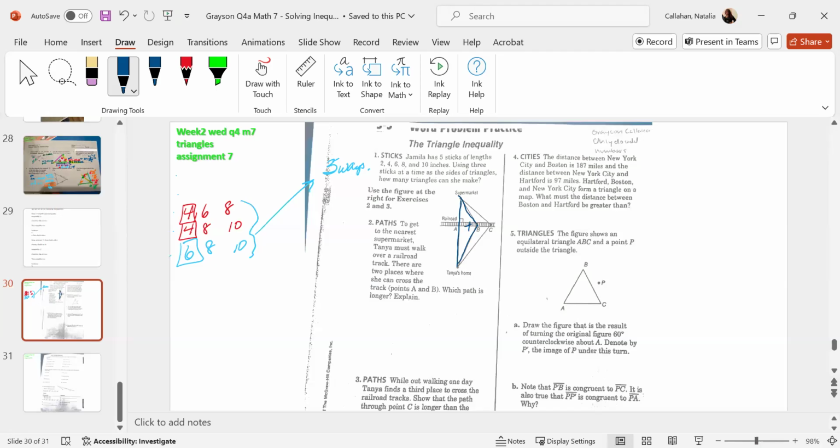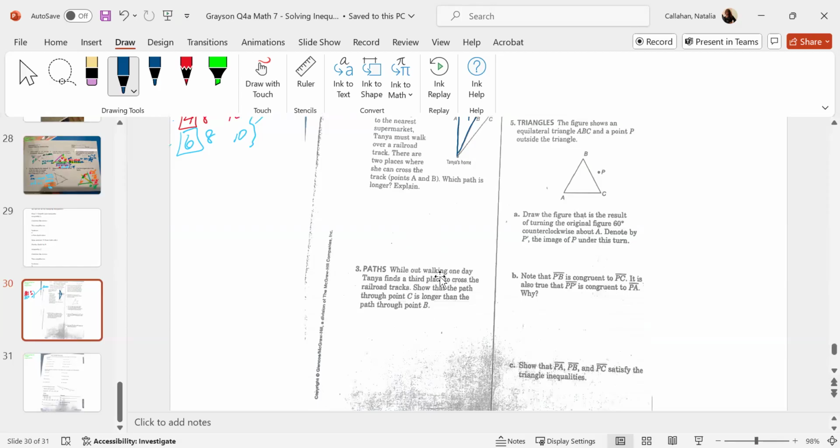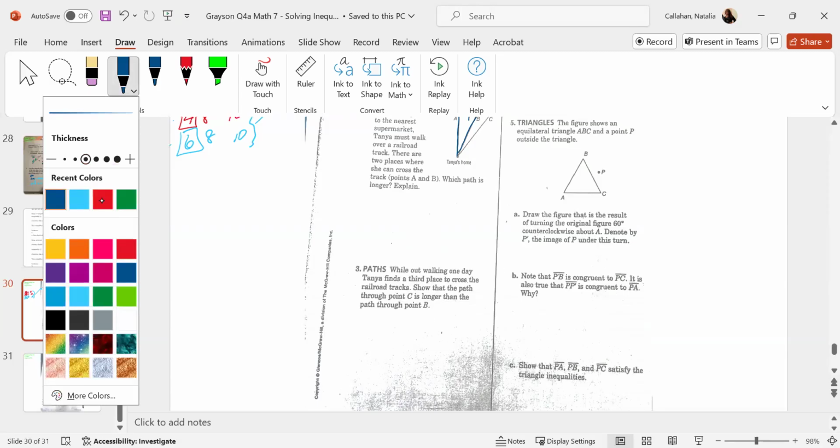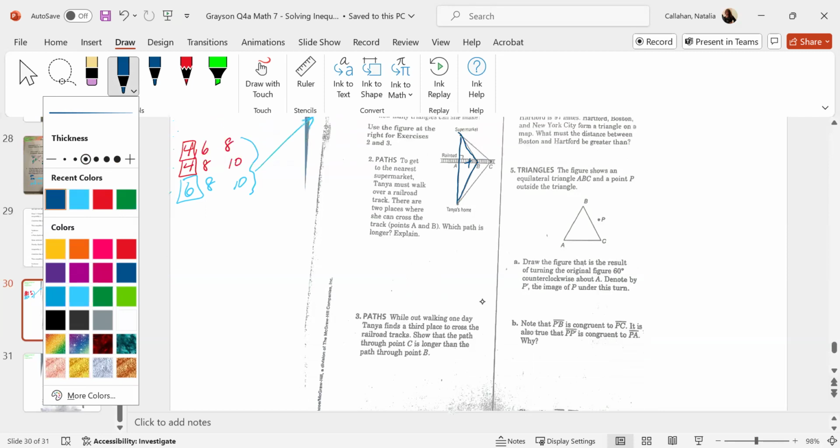Okay, and then number 3. You read it. While walking out one day, Tanya finds a third place across the railroad tracks. Show the path through point C is longer than the path through point B. Well, yeah, it's further because it's further away.